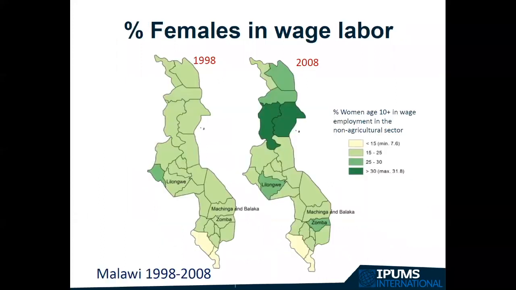Before I dive into spatial harmonization, I'm going to show you two examples of aggregating the microdata and displaying your results. In the first set, I'm aggregating the microdata to the first administrative level of geography, that is districts, to study women's labor force participation in the non-agricultural sector in Malawi from 1998 to 2008.